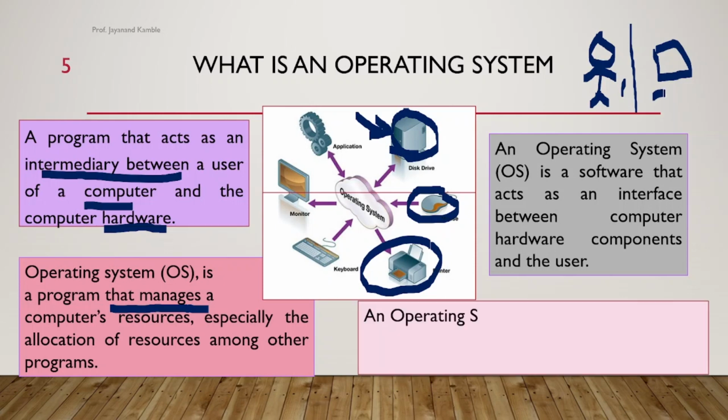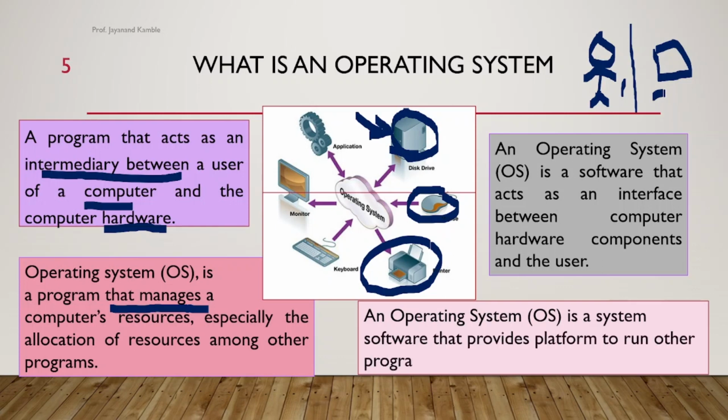Final definition: an operating system is a system software that provides platform to run other programs. It provides platform means it provides all other necessary things for program to execute, and that is another definition. So these are nothing but different definitions of operating system.